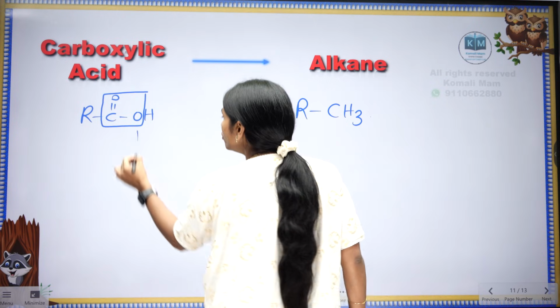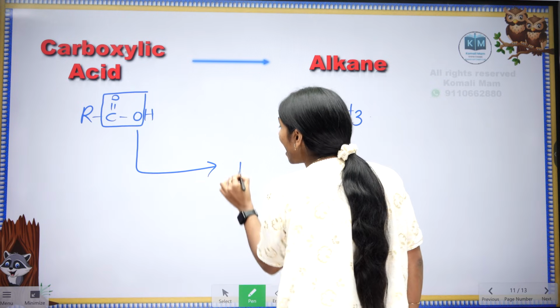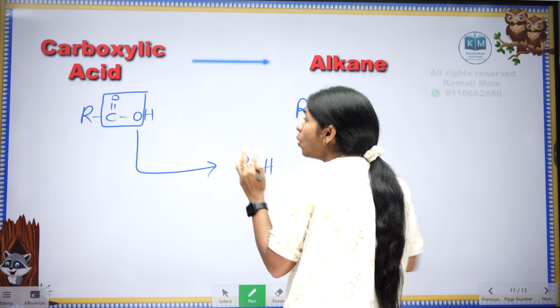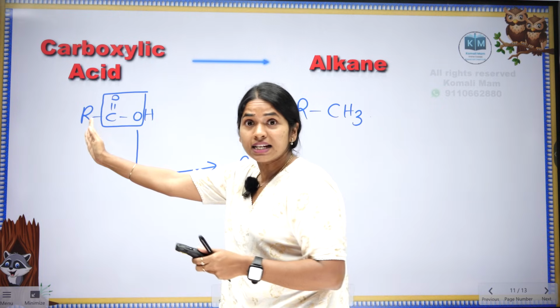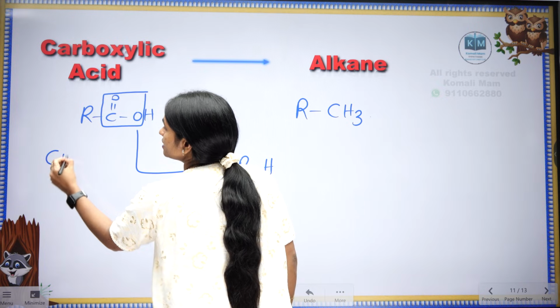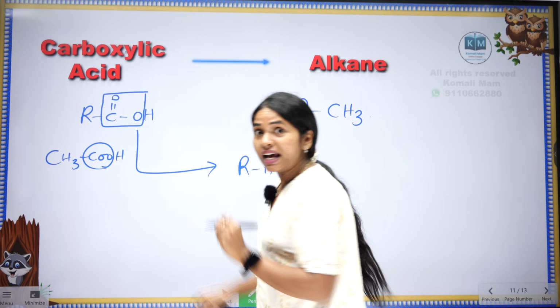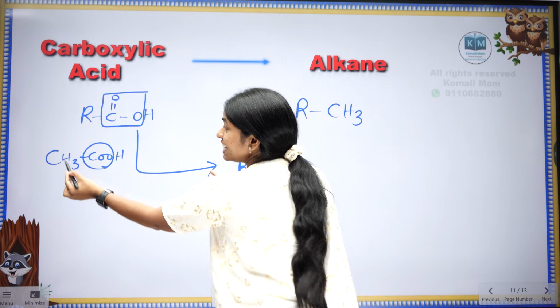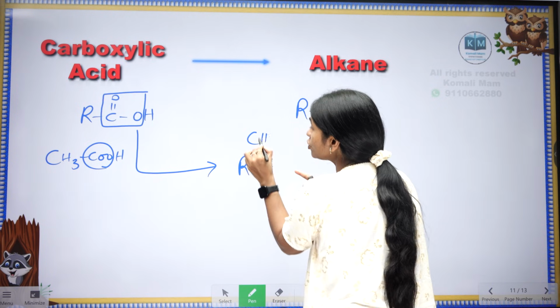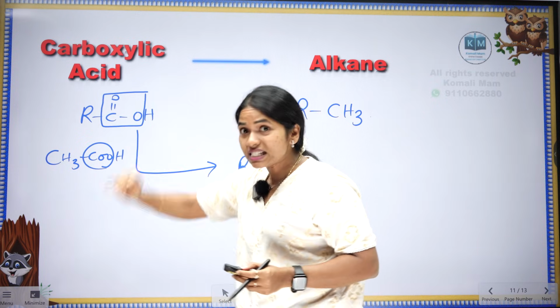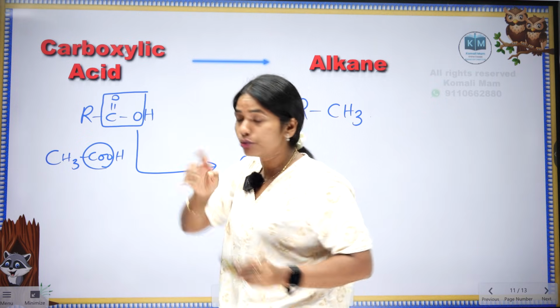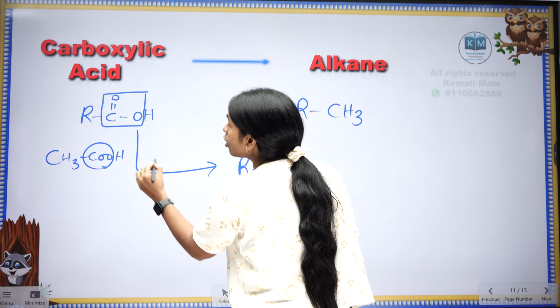If you remove the CO2, then I will get alkane with 1 carbon less. Let's say you take ethanoic acid, CH3COOH. Then you remove this CO2, you will get CH3 and H, total CH4. Means 1 carbon lesser, descending series, if you want to do, you need to do decarboxylation.